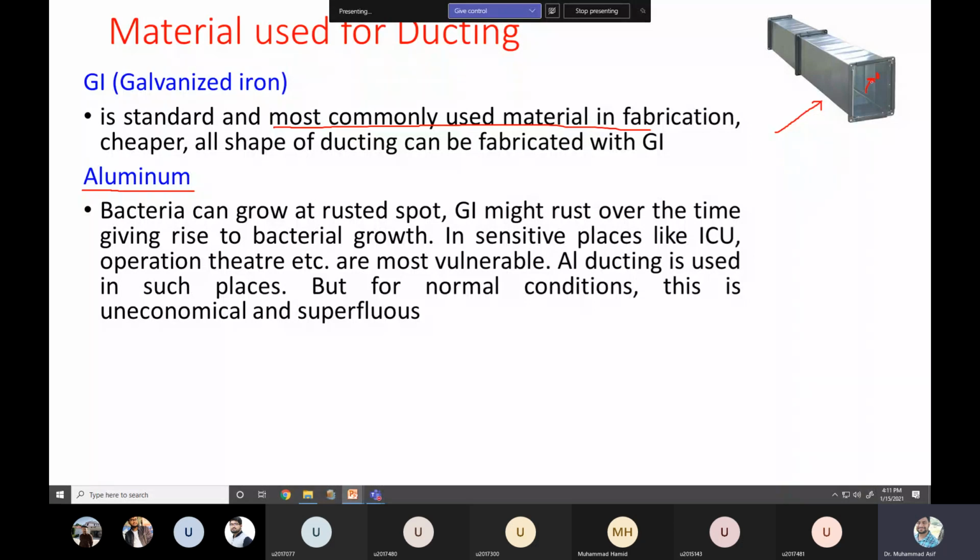So if the bacteria is growing, and if that air is supplied in a sensitive area, like places such as ICU, operation theater, or some other most vulnerable places where the area is very sensitive to bacteria, in those places we don't prefer to install the ducting made of galvanized iron. So in that case, what will be the preferred material? The aluminium will be the preferred material because aluminium cannot be rusted.